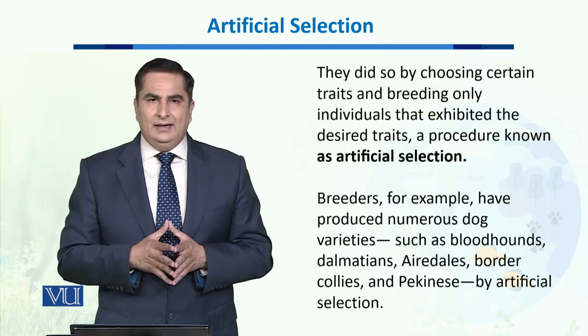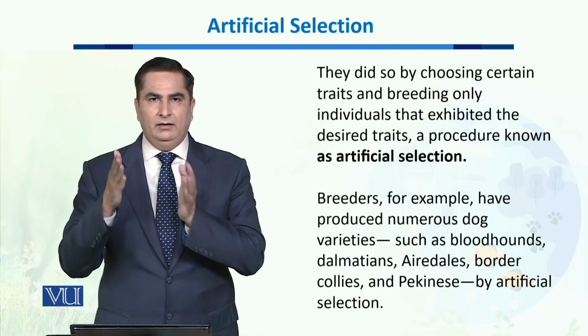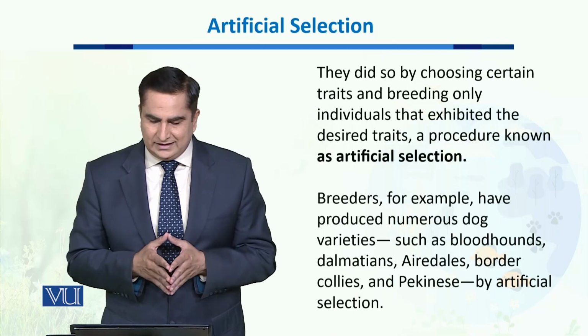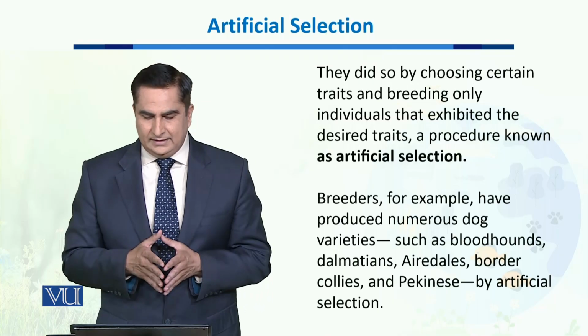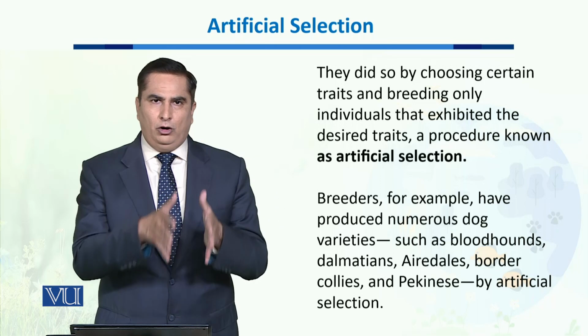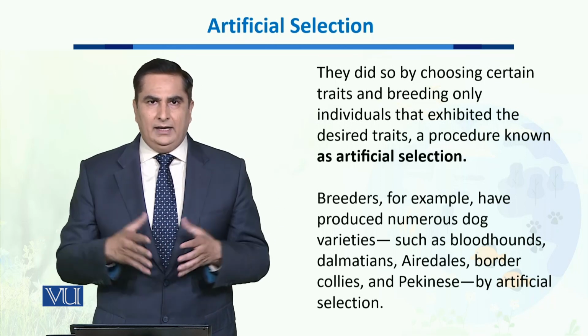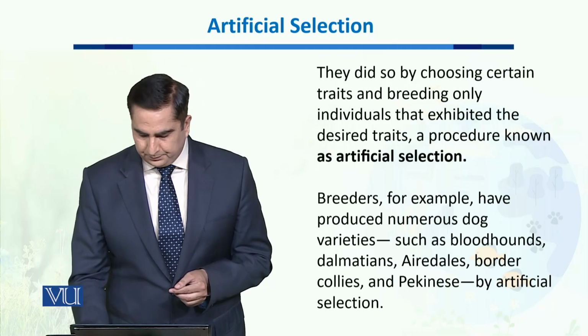There are many varieties of dogs available, for example bloodhounds, Dalmatians, Airedales, Border Collies and Pekingese. These are all different varieties of dog which have resulted through artificial selection.